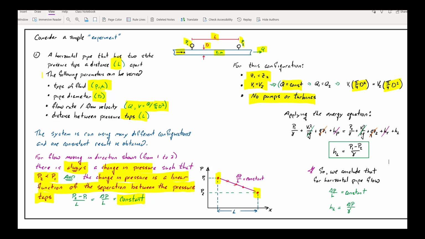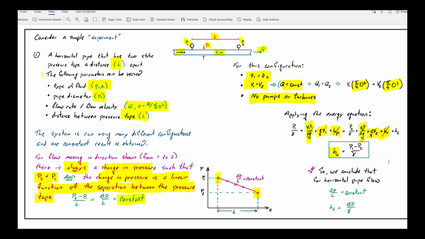So if we apply the energy equation, we find that the velocity terms cancel because the velocities are equal to each other. The elevation terms cancel because there's no elevation change. H pump and H turbine are zero because they're not there. What we're left with is an expression that the loss term is the pressure loss divided by gamma.